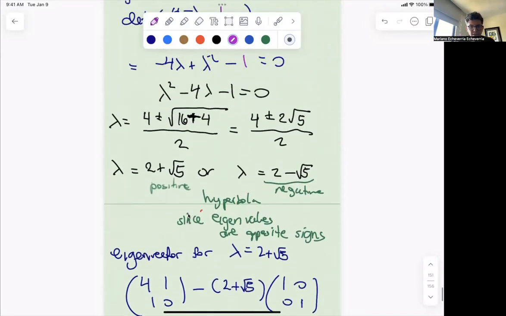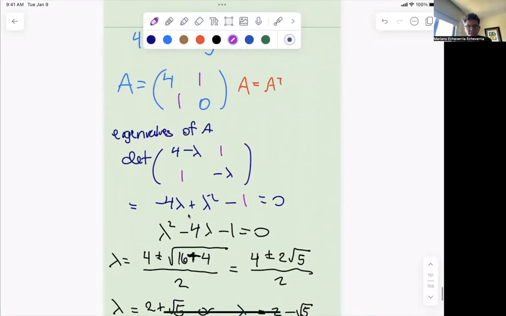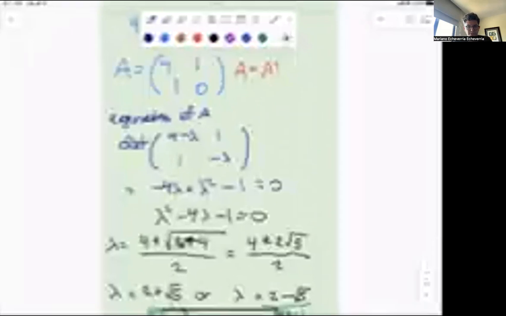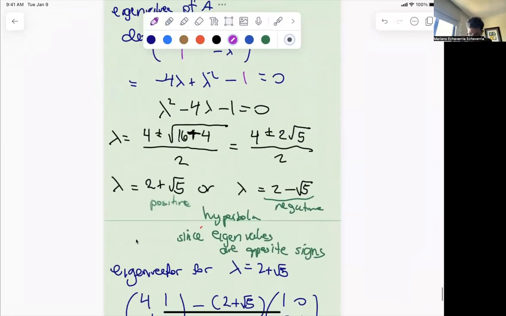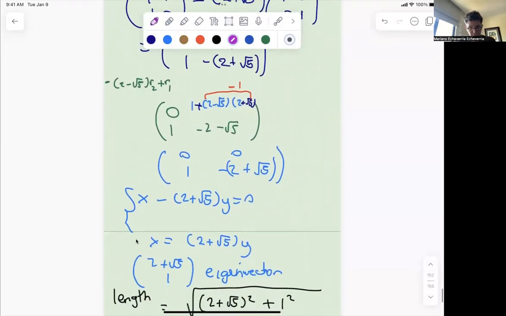I think it's fine, but let me check the eigenvalues, that I have everything correct. Yeah, the eigenvalues are fine. And then this is fine also. Okay, so, yep.